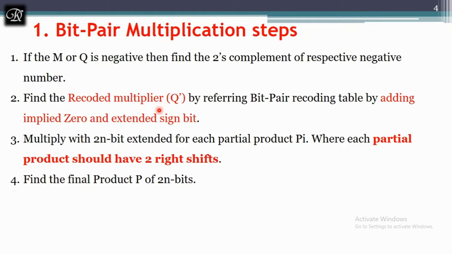And the second change is, after every partial product we have a habit of shifting one bit towards the left, but here we have to shift 2 bits. We have to shift 2 bits in each partial product, and these two are the changes you have to remember; the rest are similar to Booth algorithm.